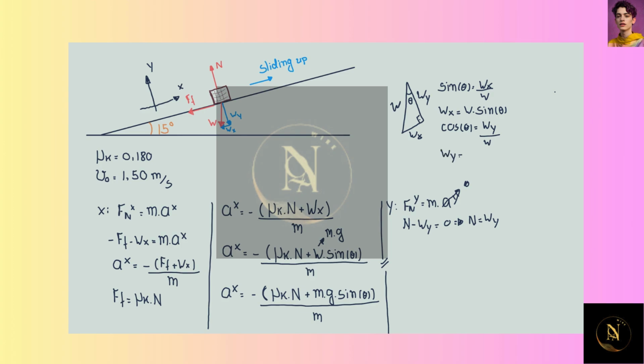Then, the weight force y component is given by the weight times the cosine of theta, which means that the normal force is equal to the weight times the cosine of theta.